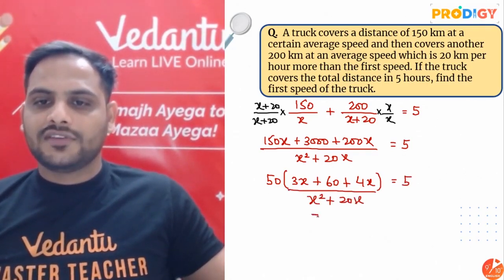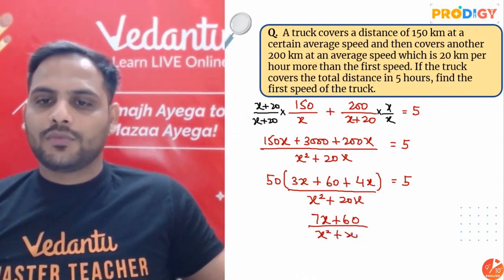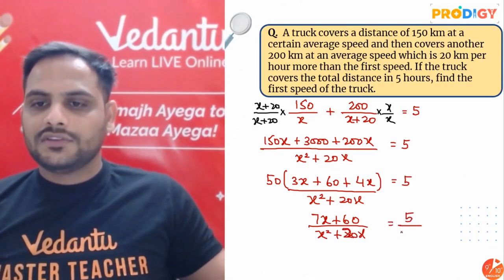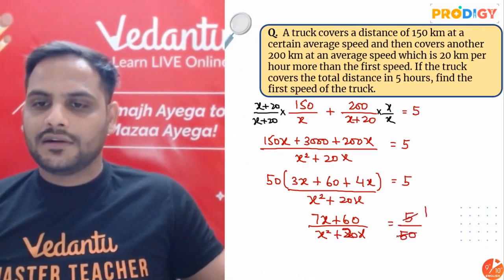So 3x plus 4x is 7x plus 60, divided by x square plus 20x is equal to 5 upon this 50, which will come over here as 1 by 10.